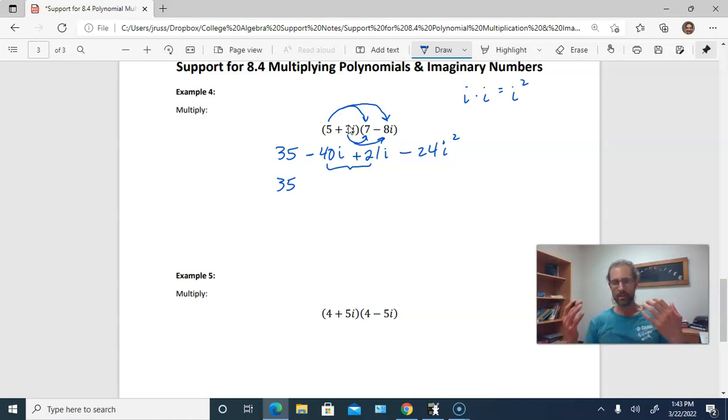They both have just an i, so they're two imaginary numbers, so we can actually combine them. -40i plus 21i will be, no, that's not right. It will be -19i. And then drop down the -24, and I'm going to go ahead and replace the i squared with -1. And so the -24 times -1 will become +24.